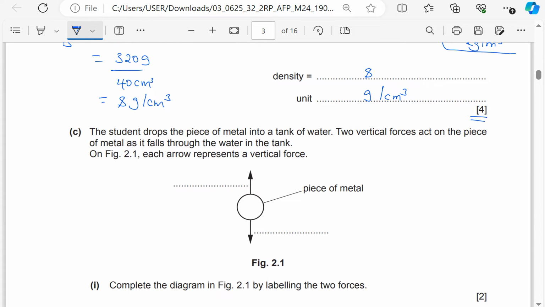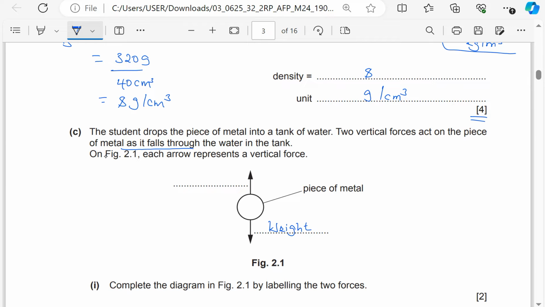The student drops the piece of metal into a tank of water. 2 vertical forces act on the piece of metal as it falls through the water in the tank. So it is moving. One of the forces, which acts vertically downwards, is the weight of the piece of metal. Because it is moving, there is friction which acts in the opposite direction.